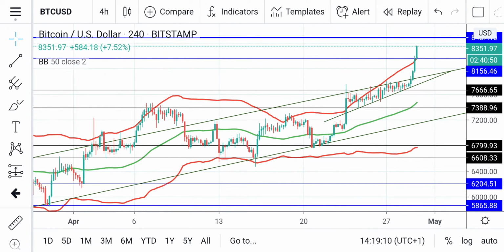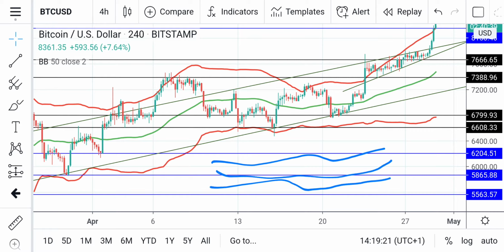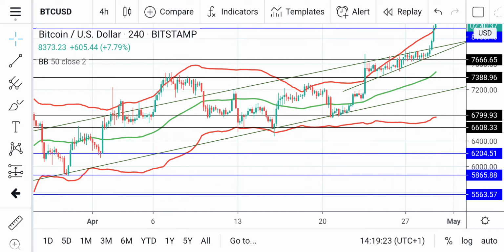So you can use your Bollinger Band to, number one, identify areas of low volatility when you see the band squeezing like this instead of expanding. You can also use it to identify areas of value. The middle band, that's the green one, is an area of value.